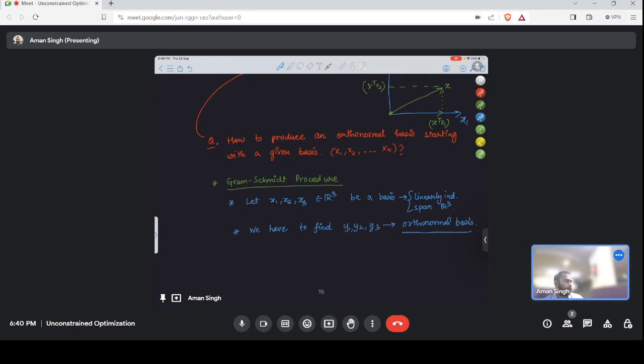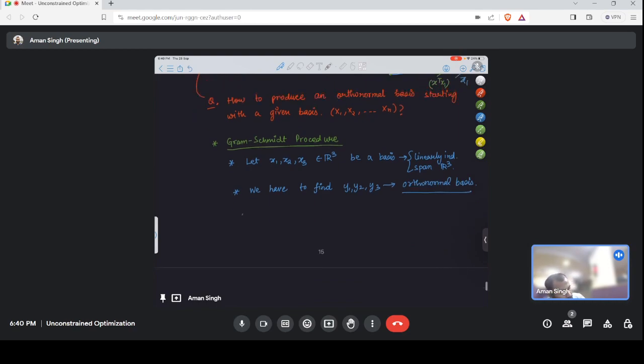How do we do it? The first one, y1, you can assume to be x1 upon mod x1. You take the first vector, convert it into a unit vector, and give that as y1 itself. So y1 is equal to x1 by mod x1.